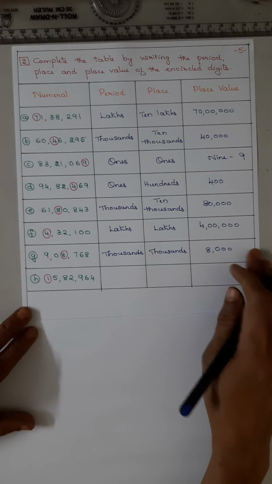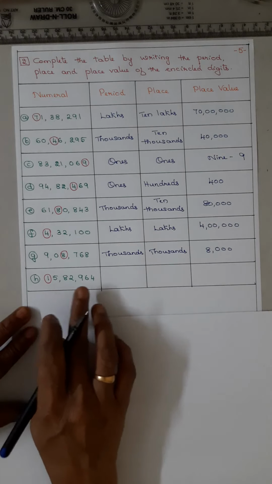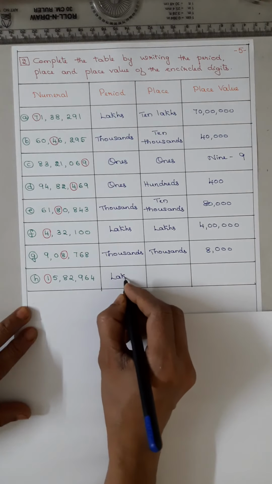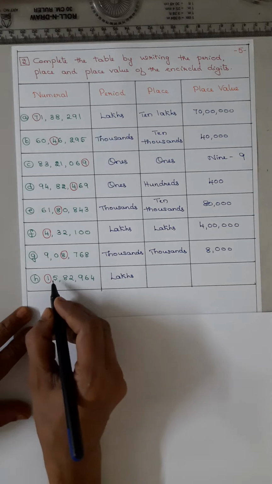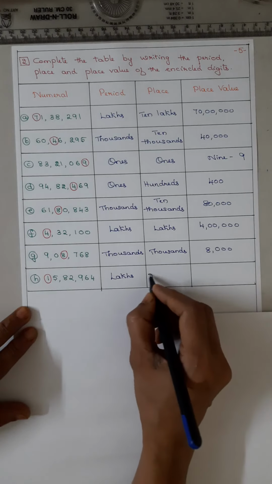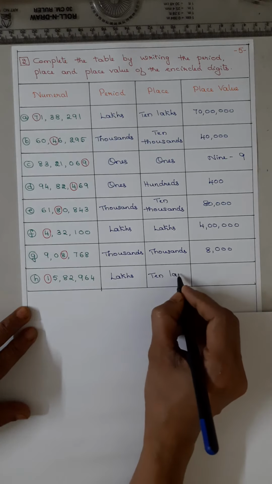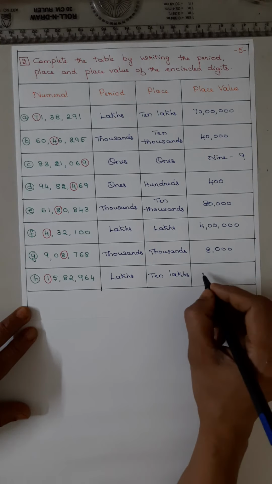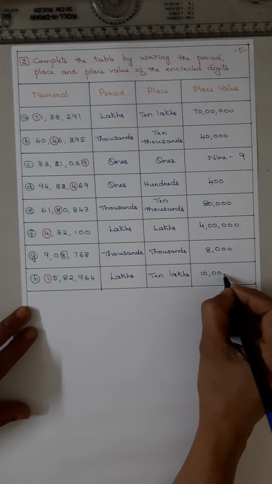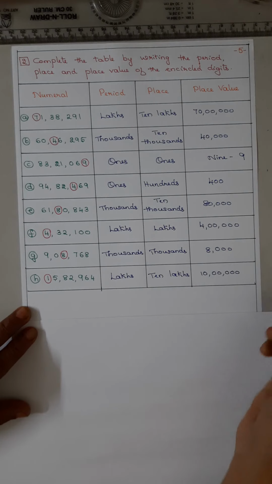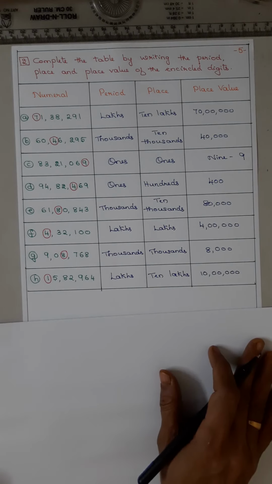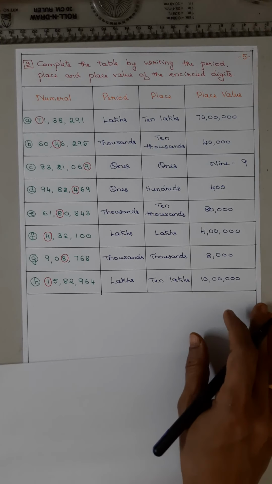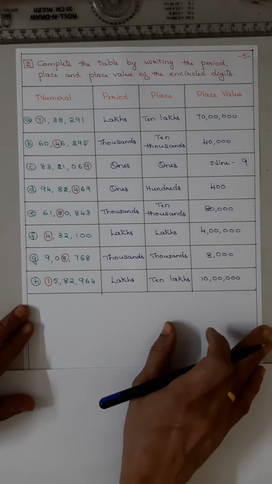Now question number H. Ones, thousands, lakhs. But the place is lakhs, 10 lakhs. And 1 into 10 lakh is 10 lakh. Is it clear? So we have completed question number 2.